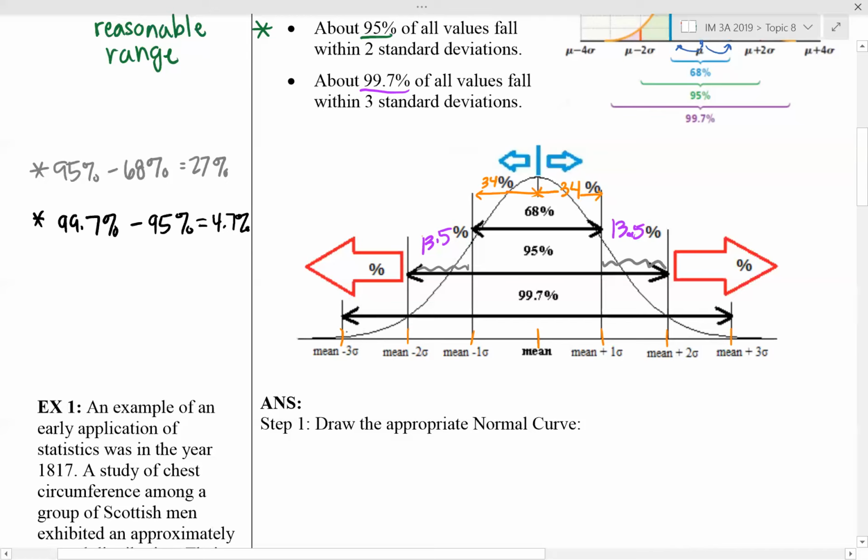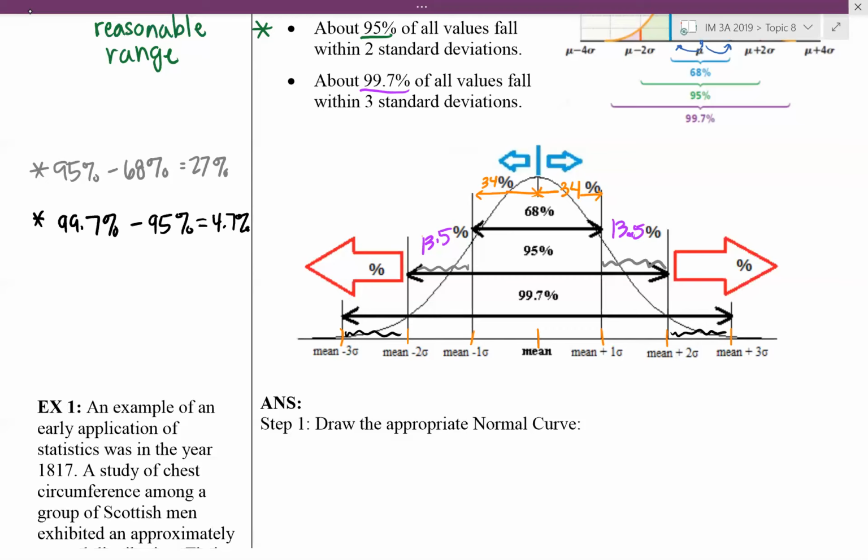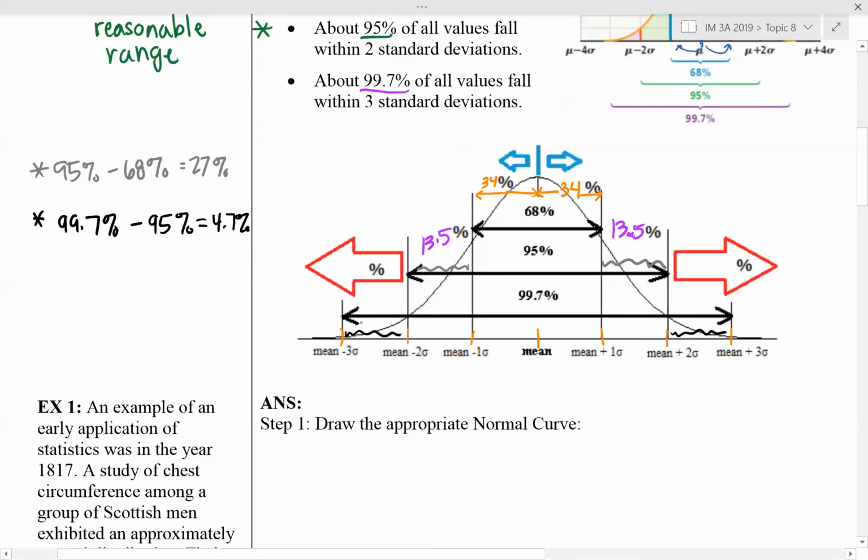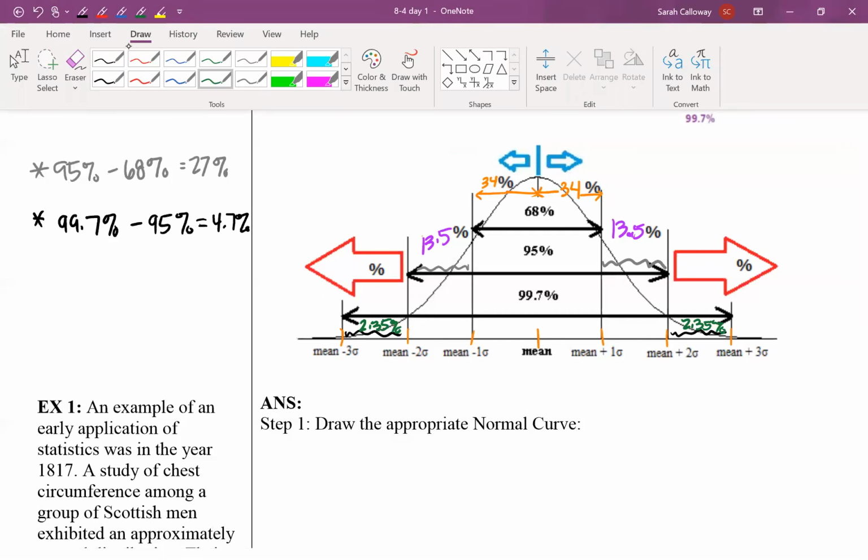So that would mean that this section and this section are 4.7%. So if I divide that by 2, that's 2.35. So that means that this section here is 2.35% of the data. And then that further section would be the rest of that value to make 100.